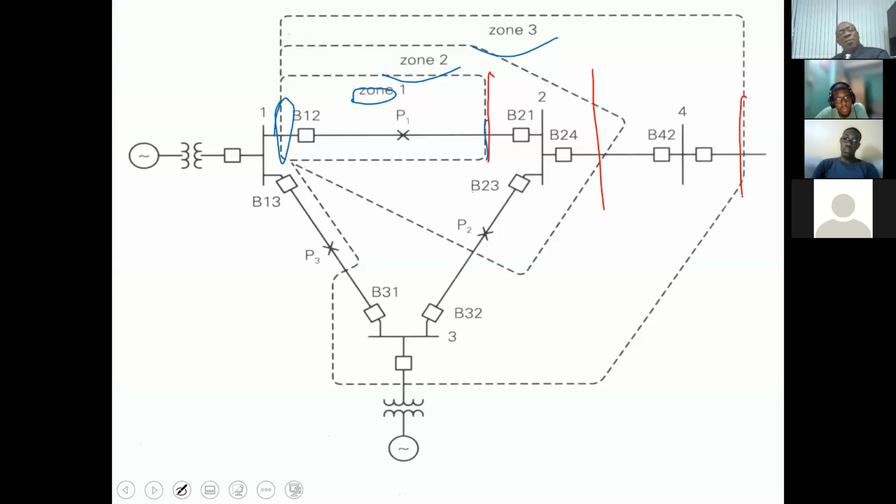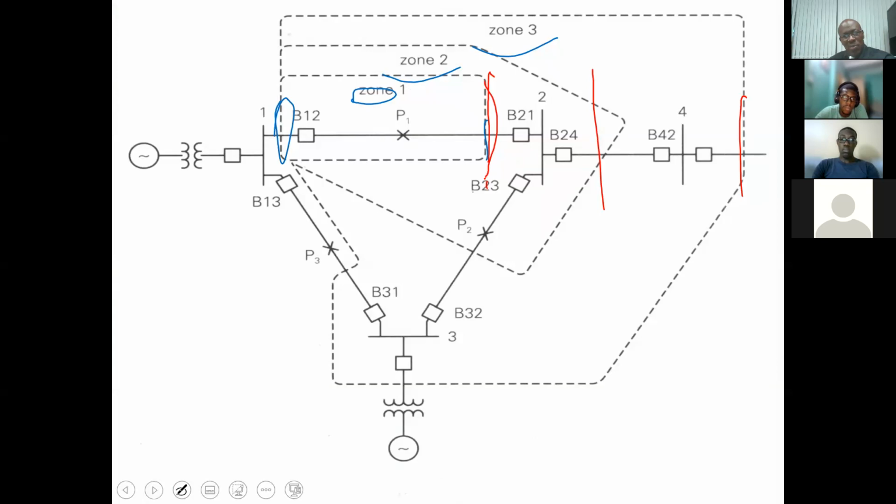So when the fault occurs on line 1 to 2, up to where we have zone 1, the impedance relay will measure the impedance based on the current that is flowing into that fault, and of course the voltage at the point. If the impedance falls below the zone 1 setting, it will say, aha, the fault is on the line that I am protecting, and therefore it will clear the fault.